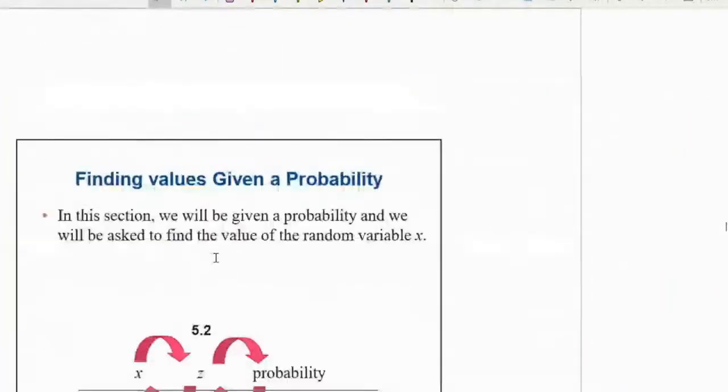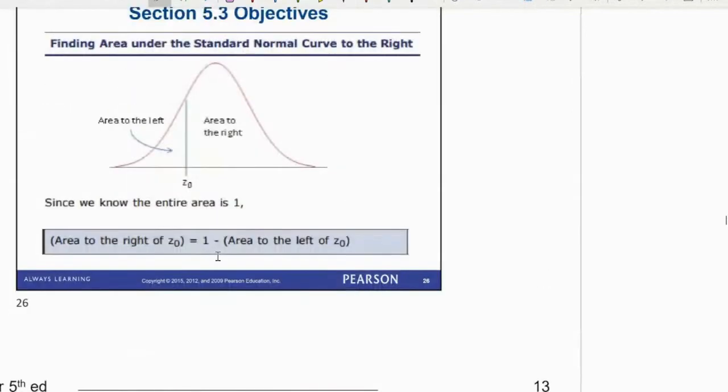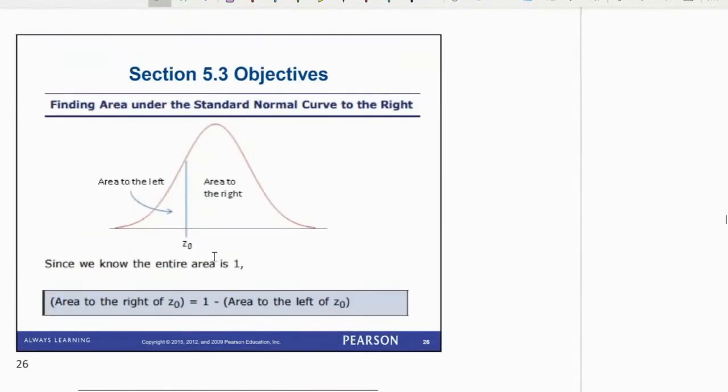Now, for us to use the inverse norm, let me explain this to you first before we proceed. Usually when you have the bell curve, let's say we have the bell curve.